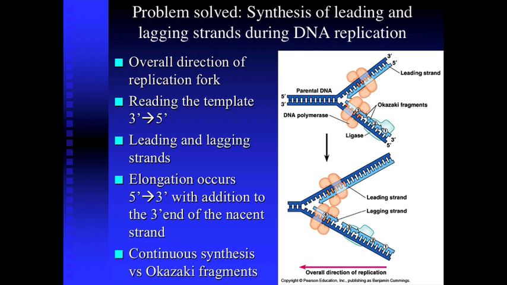So you've got the overall direction of the replication fork. We've said we're reading the template strand 3 to 5 prime. We've identified the leading strand on one side of the double helix and the lagging strand on the other side.